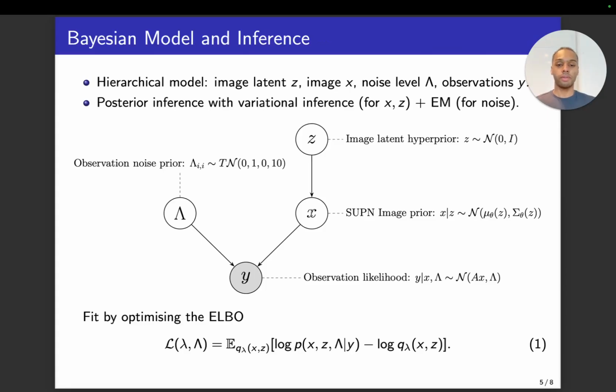Okay, so we want to do inference with these distributions, and so we need a model to link our unknown variables to our observations. I won't go through all the details here because of time constraints. However, the key point is that the VAE structure that we use as a prior induces a Bayesian hierarchical model where we need to jointly estimate posteriors over the latent Z and the unknown image X. We define variational approximations to the posterior over Z as a multivariate normal distribution and over X as a structured uncertainty distribution.